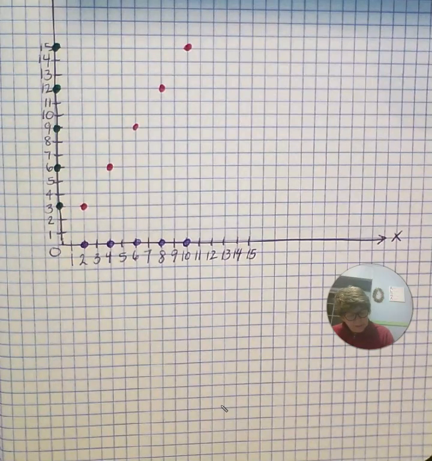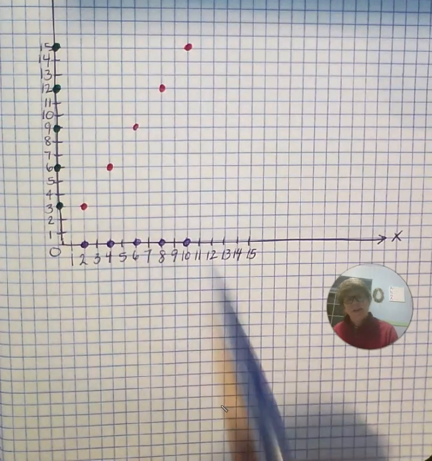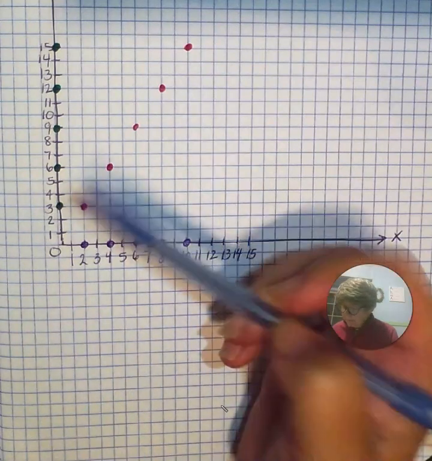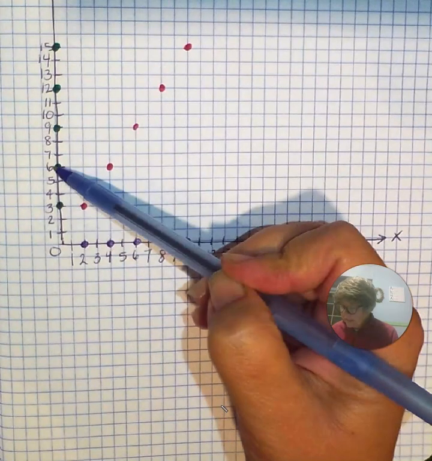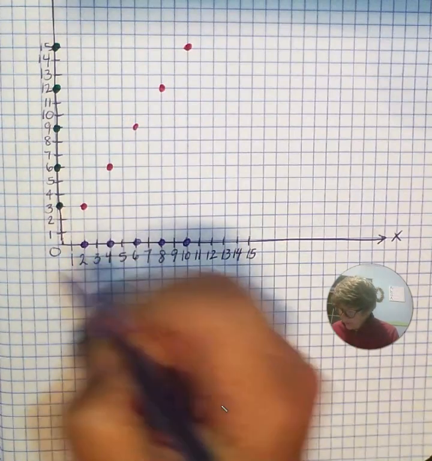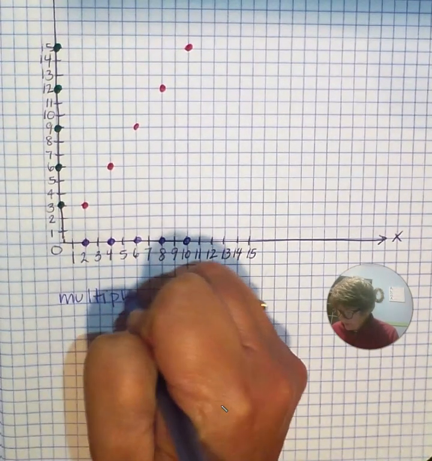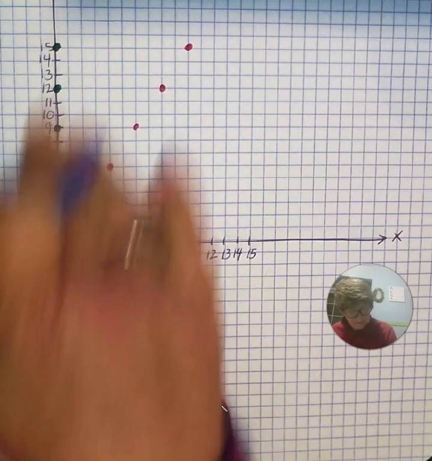The x-coordinates of the blue points, 2, 4, 6, 8, 10, we call that multiples of 2. How about the y? Multiples of 3, 3, 6, 9, 12, 15, right? Like the multiplication chart. That's why it's called multiples. Multiples of 2 down here, multiples of 3 up there.